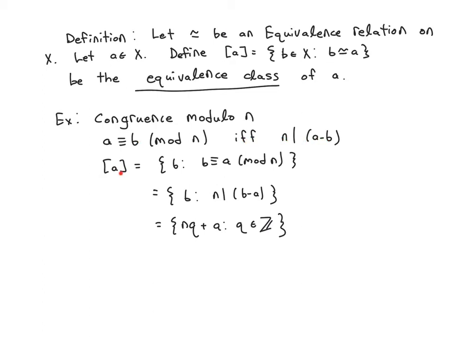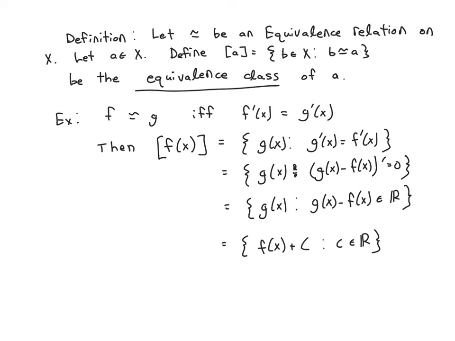So if you take an integer a, the equivalence class of a with respect to this equivalence relation is the set of all b that are related to a, which means b is congruent to a mod n, which means n divides b minus a, which, if you apply the division algorithm and think about it, means that the equivalence class of a are all things of this form, nq plus a, where q is an integer.